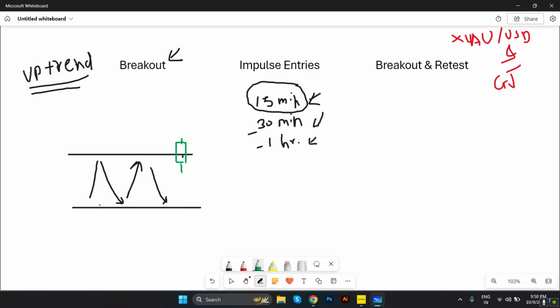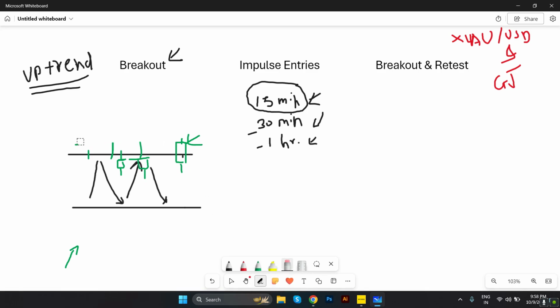Then you would say that we are in an uptrend. Price has been ranging for some time, and you might see some candles that try to push up, and then some candles wicking in this area. You'll see such candles in this area. Then you say, all these candles could not break. Okay, one second.